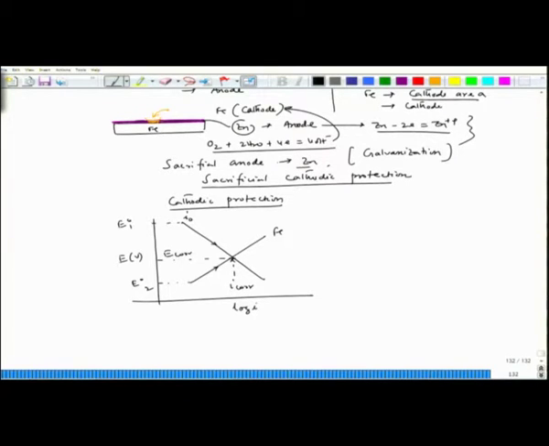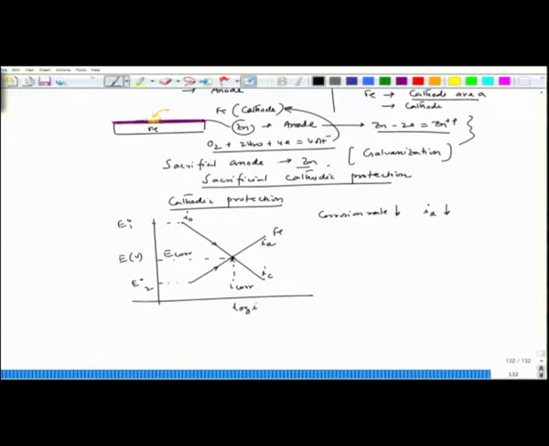Now, how can I decrease the corrosion rate? If I need to decrease it, I need to decrease IA, and this particular line is IA and this is IC.